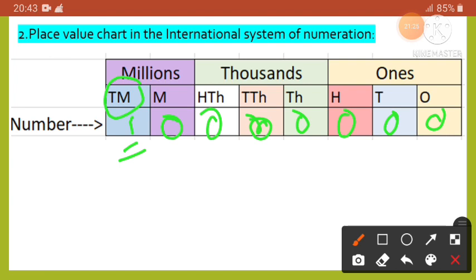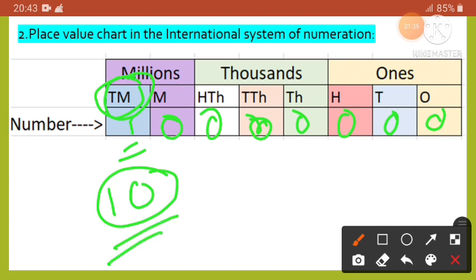Therefore in the international system of numeration, this number in words will be 10 million. And if you want to write it in figures with commas, it will be 10,000,000, with the comma after the thousands and then the rest.